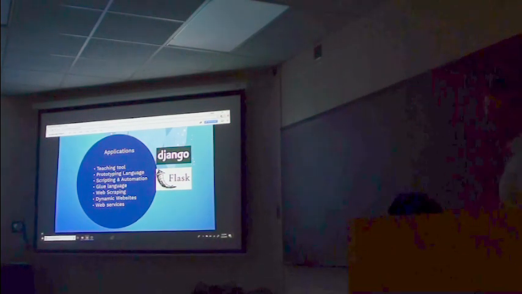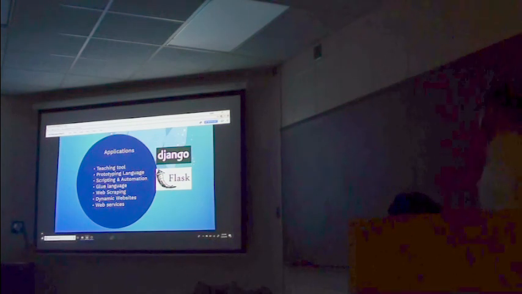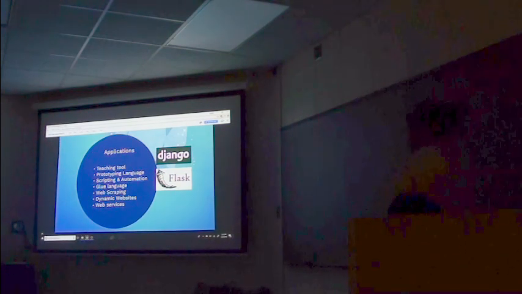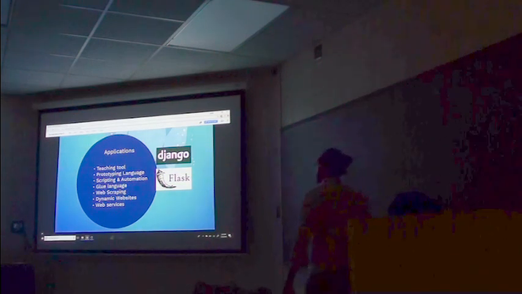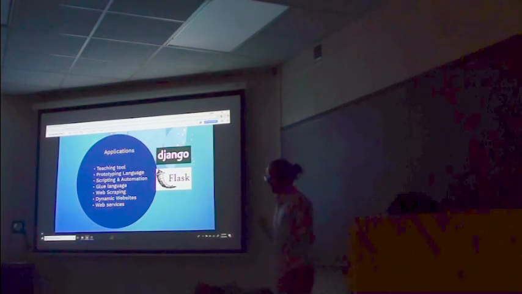And so the final two uses of Python are in creating dynamic websites. You see I have up there listed Django and Flask. Both of these are used in web development.